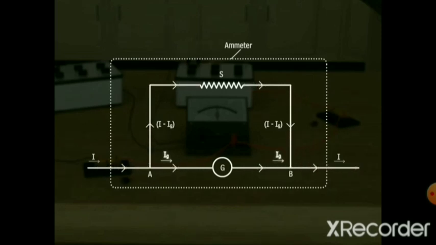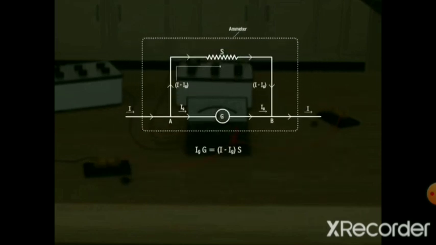If Ig is the current required to produce full-scale deflection in the galvanometer, the remaining current flows through the shunt resistance S. Since the galvanometer and the shunt are parallel to each other, we can write Ig times G is equal to I minus Ig times S, where G is the galvanometer resistance and I is the maximum current that is to be read by the converted galvanometer.